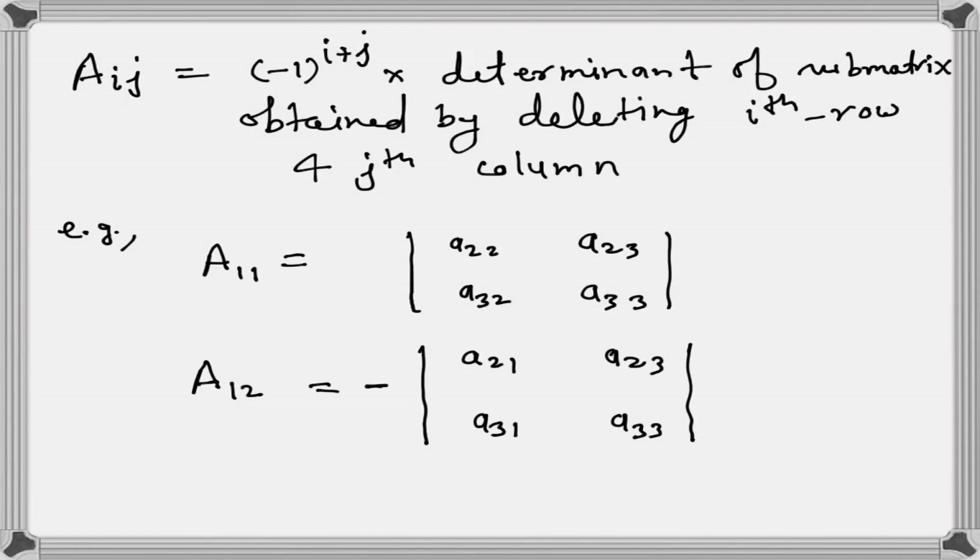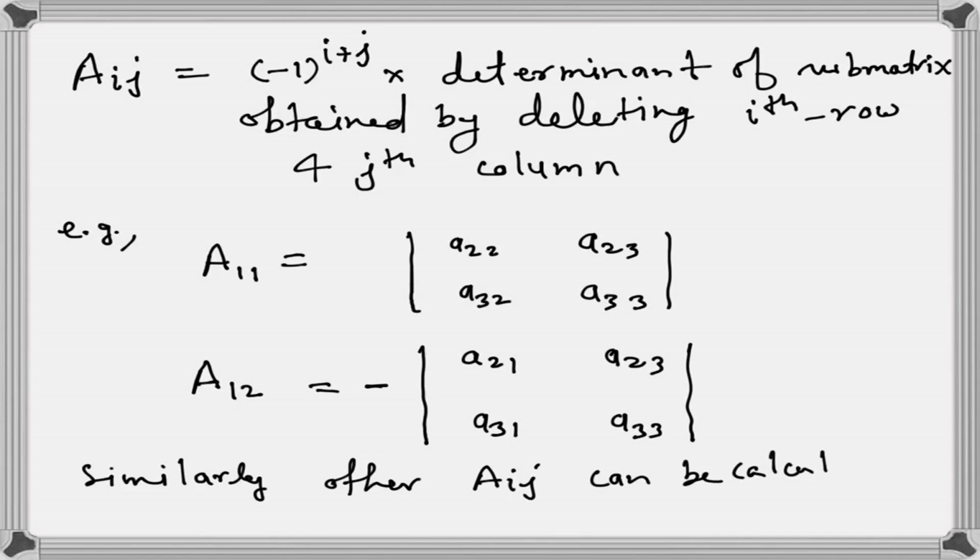So this is the minus sign. Similarly, other Aij can be calculated. So to find the adjoint A, we first calculate all these cofactors, then we form a cofactor matrix and take its transpose. That will be the adjoint of A.